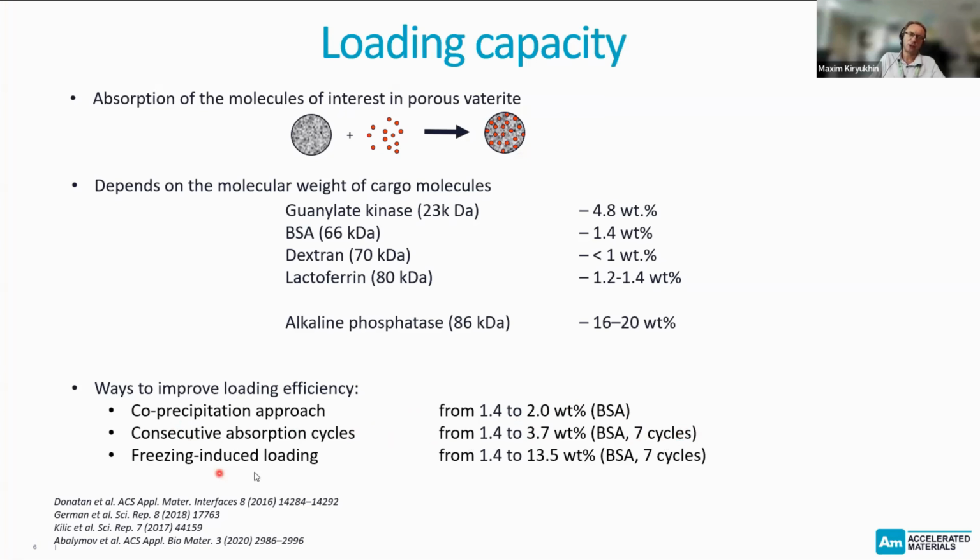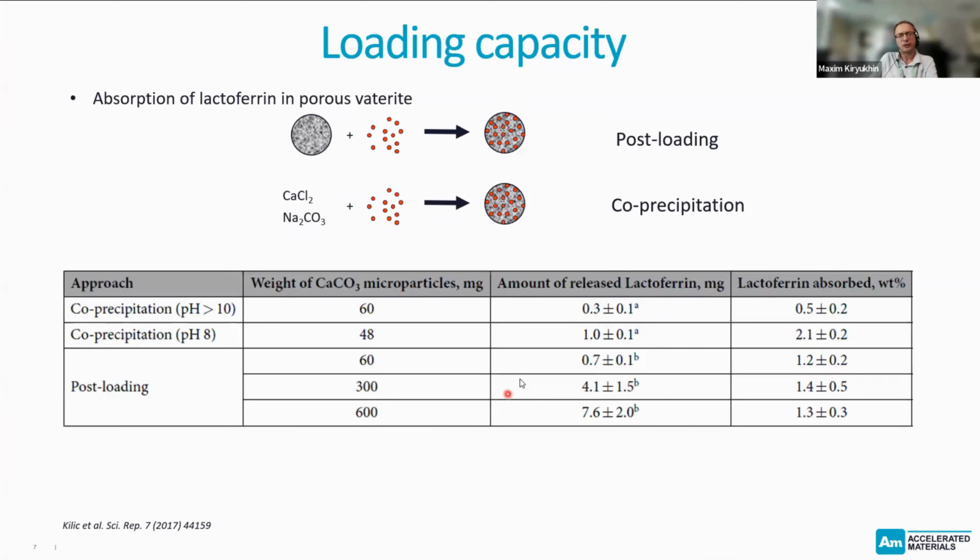And there are some special techniques like freezing-induced loading, for example, when the growing ice crystals push proteins into the vaterite structures. In this case, you can achieve an incredibly high 13 weight% of BSA in the vaterite particles. But you need to be careful a bit here.